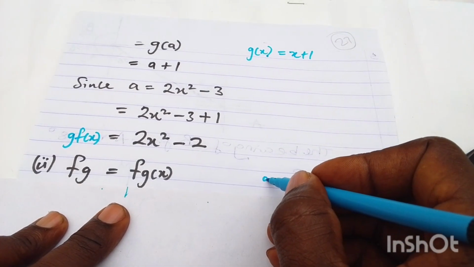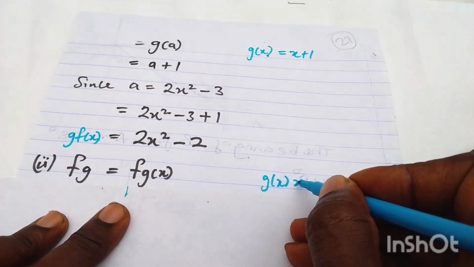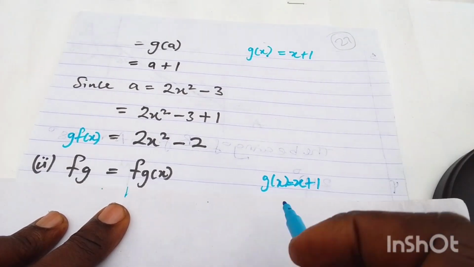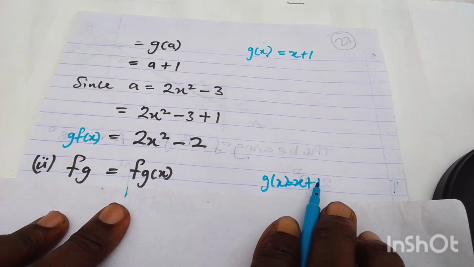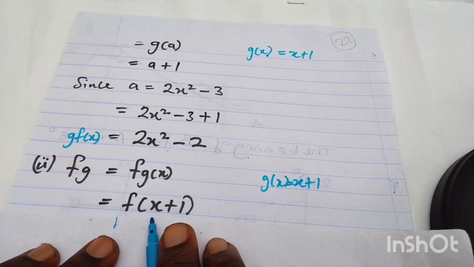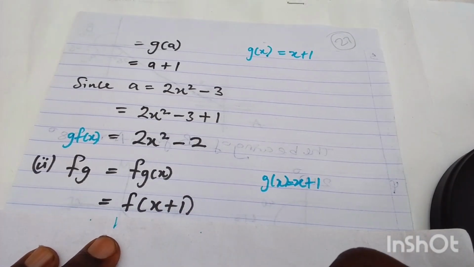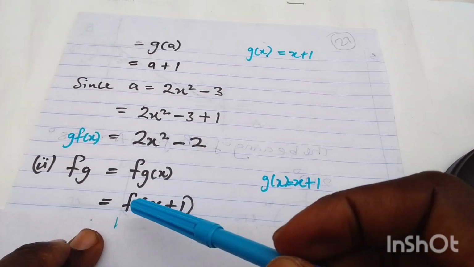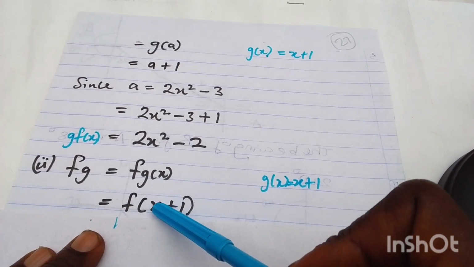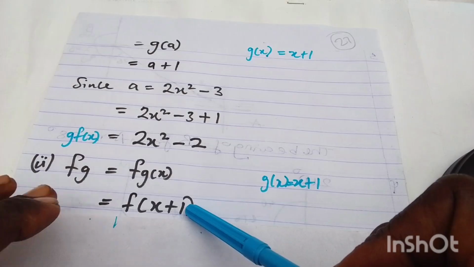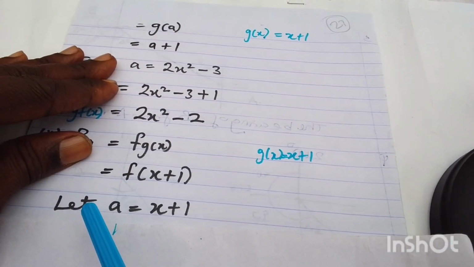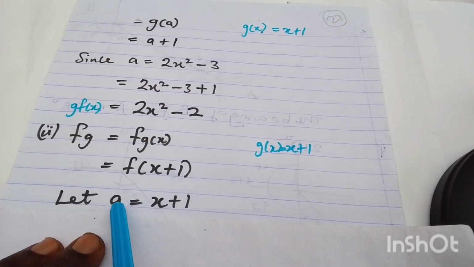And you know our g of x is what? g of x is equal to x plus 1. So to remove the g, I'm going to substitute x plus 1. So since it is f of x plus 1, I'm going to represent this x plus 1 with a.